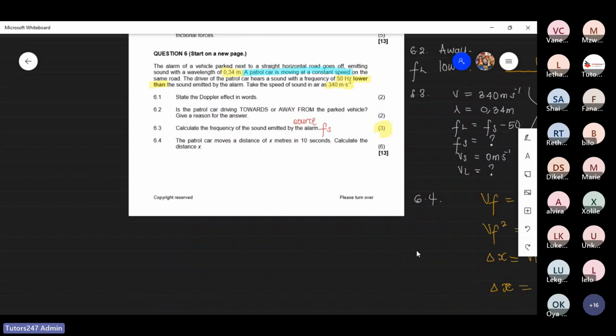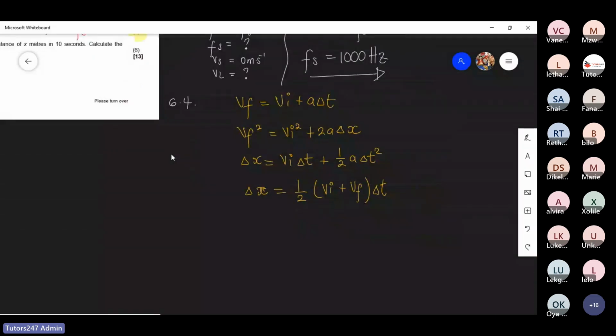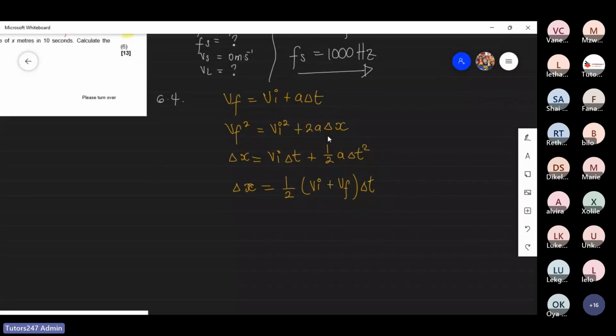Whenever speed is constant, acceleration is 0. So let us now change some of these equations using acceleration as 0. If acceleration was 0, then 0 times delta t would disappear, and that whole part disappears because you multiply by 0 across.